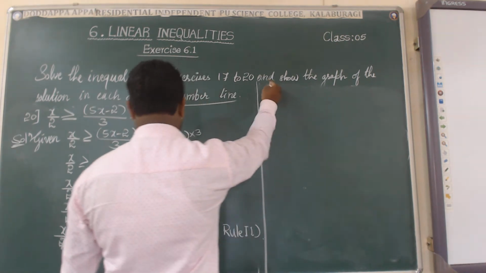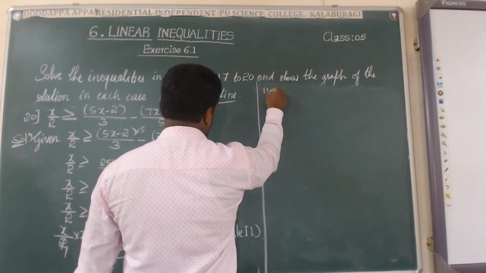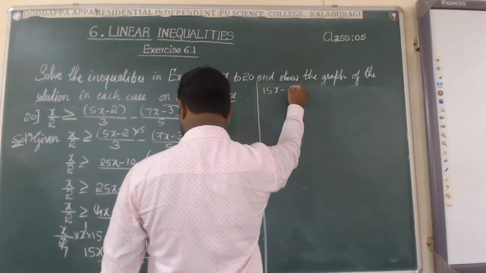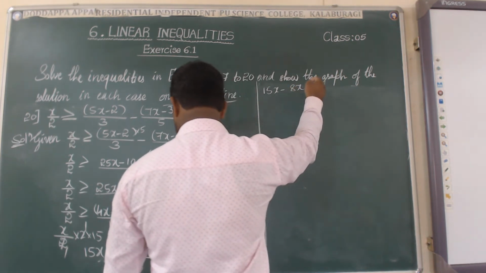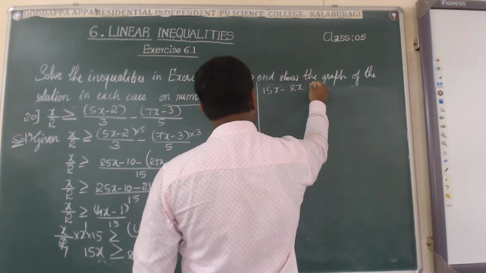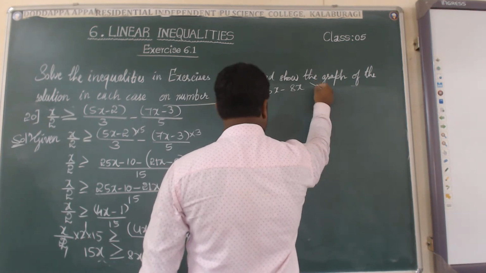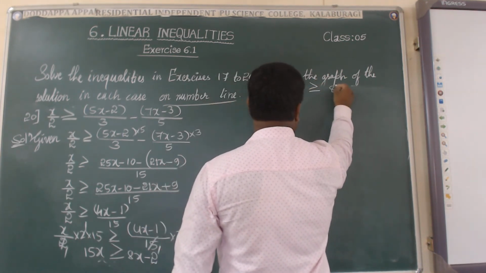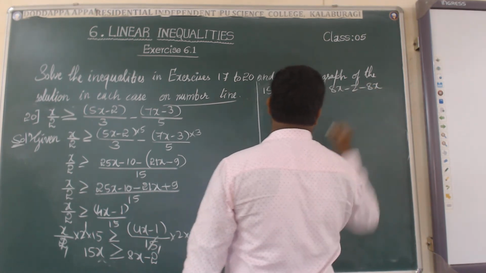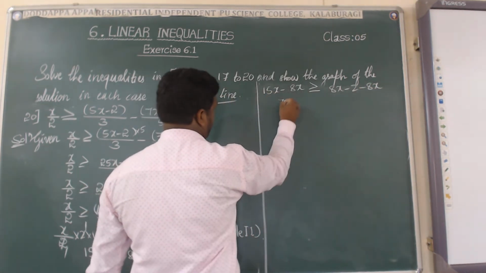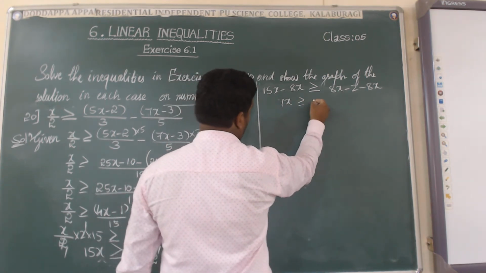See here, 15x minus 8x is greater than or equal to 8x minus 2 minus 8x. Simplify, you will get 7x is more than or equal to minus 2.